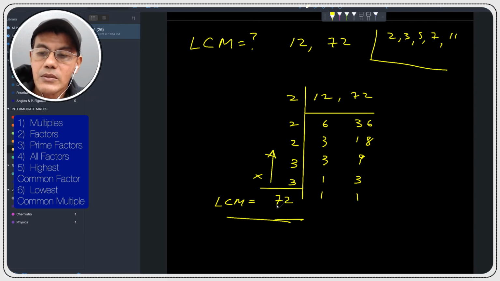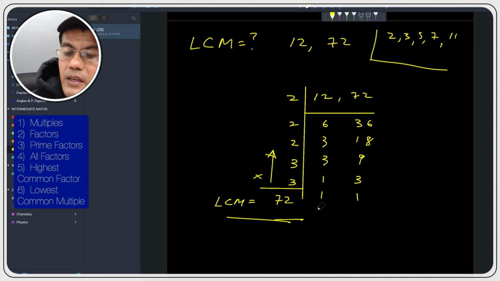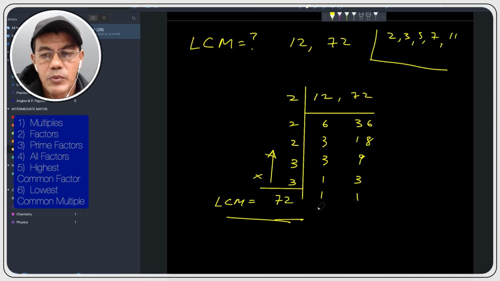Why am I showing you this? Because exam students, yes, you did this in your grade 4, grade 5, grade 6, whatever. But many times exam students, they know to find LCM, they know to find factors, but when they have large numbers, they get difficulties in finding the factors and the lowest common multiple.